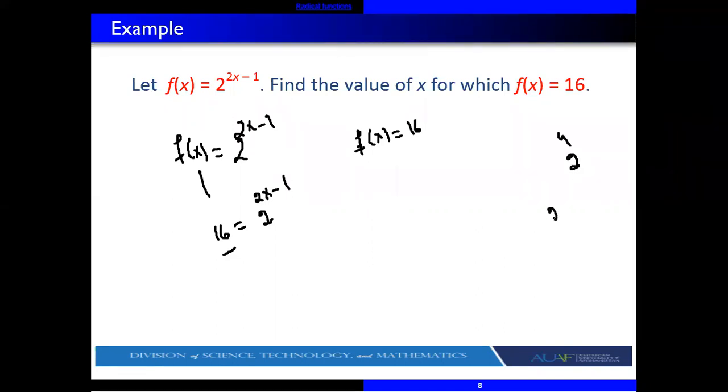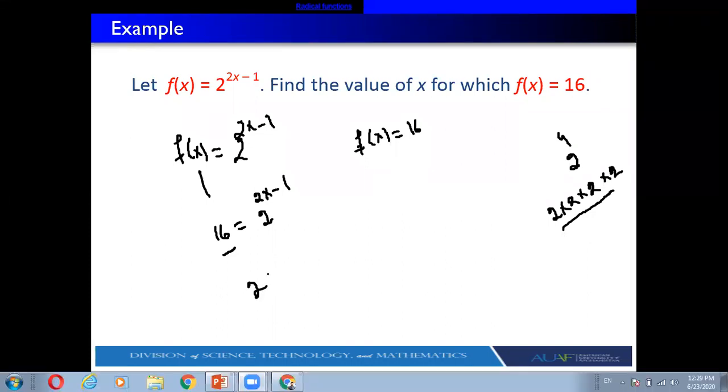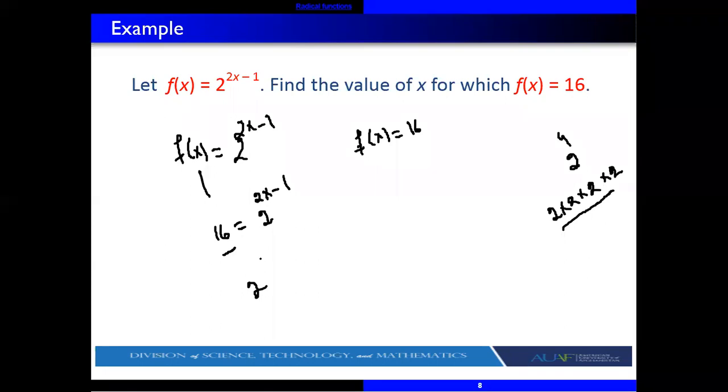This means 2 multiply with 2 multiply with 2 multiply with 2. It means multiply 2 times 2, 4 times. Yes, can we write? So if we can write, so we have 16, 2 power 4 equal to what? 2 power 2x minus 1.